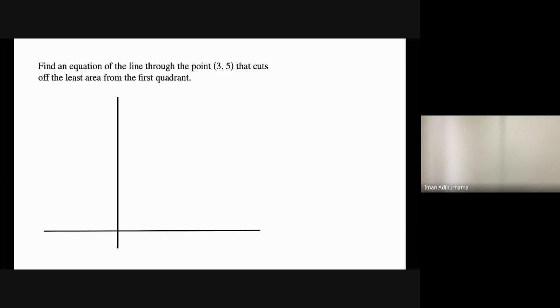Remember, it is the first quadrant, right? First assumption is this line will be this or this, right?